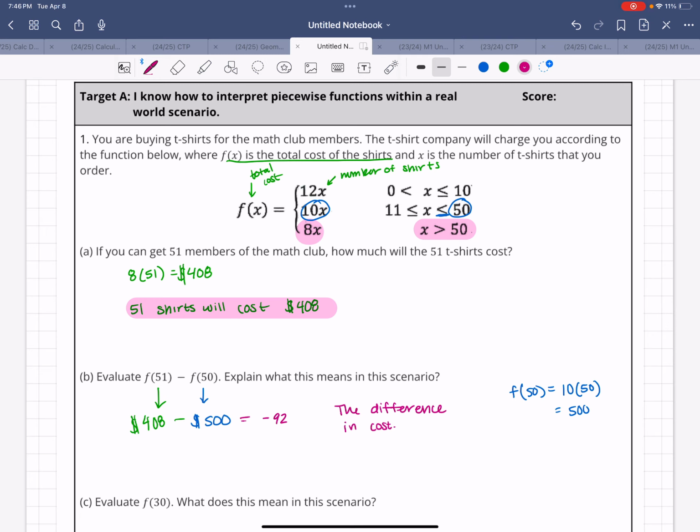So that 92 is really how much money you would save by ordering one more shirt. You would save $92 if you bought one more shirt.